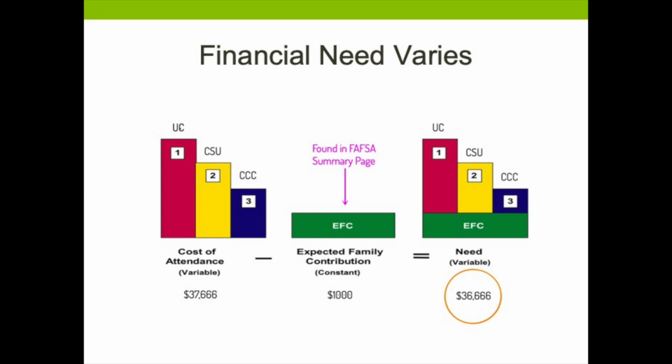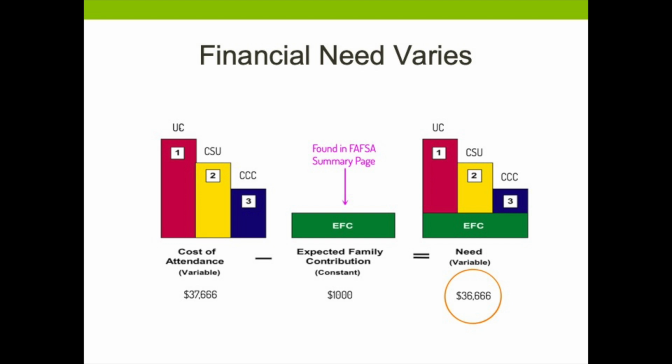So if my family's supposed to contribute $1,000 to my cost of attendance, then what the institution will do, and in this case it's UC Merced, is that they'll subtract that $1,000 from the total cost of attendance to determine the financial need. Now, you might be wondering if that means UC Merced will offer you $36,666 in student aid.